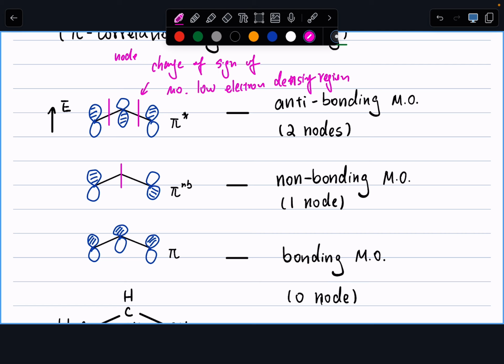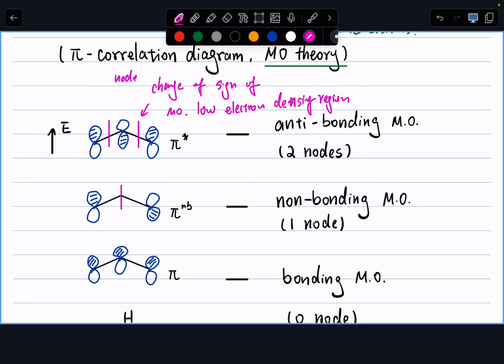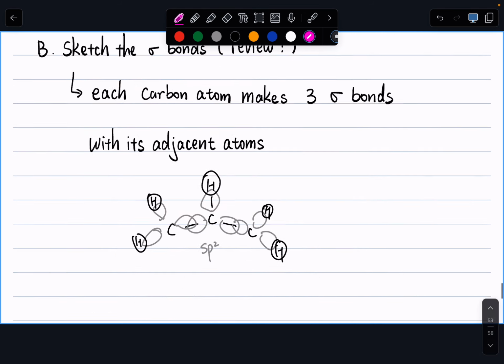So in this case, when we're looking at the carbanion, we're ready to populate electrons into this pi correlation diagram. When creating the diagram, I don't care how many electrons there are. Once we've created it, we're ready to populate electrons onto it. So how many electrons are there for the carbanion? That goes back to our original analysis.